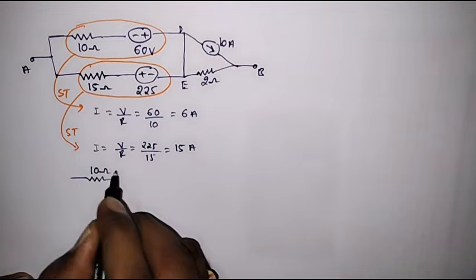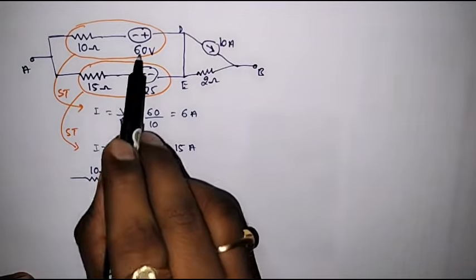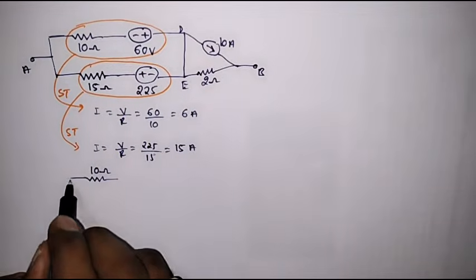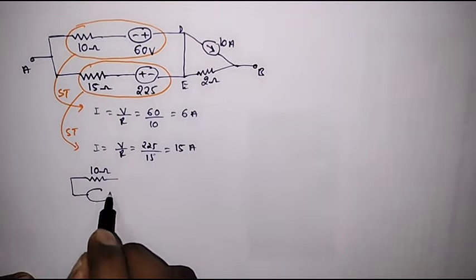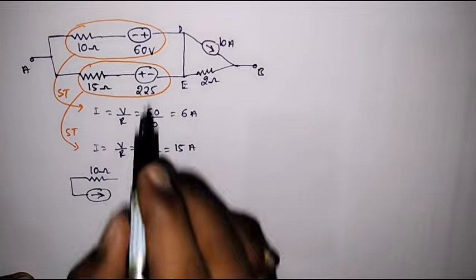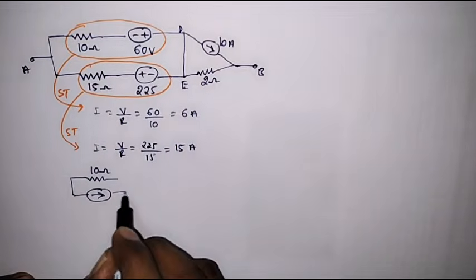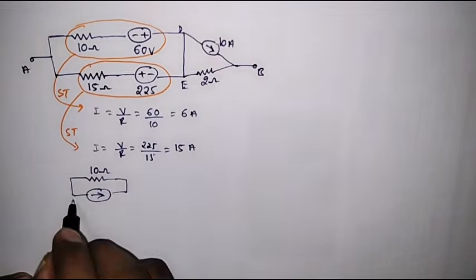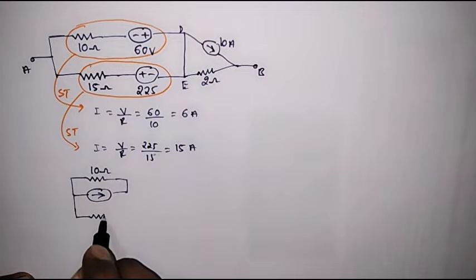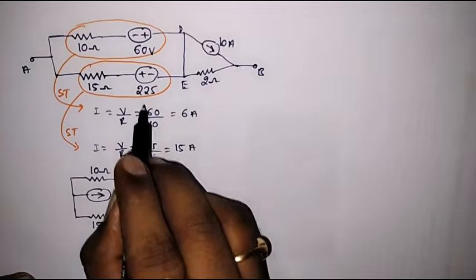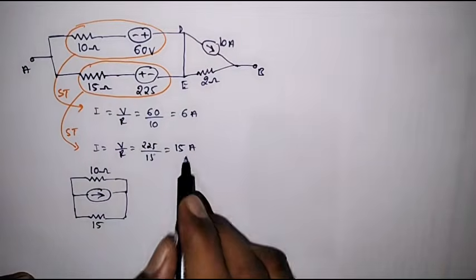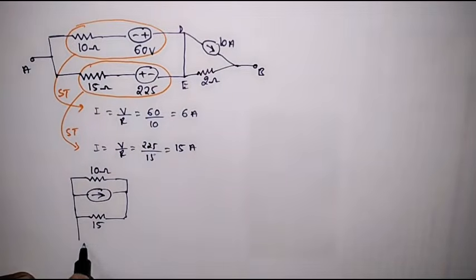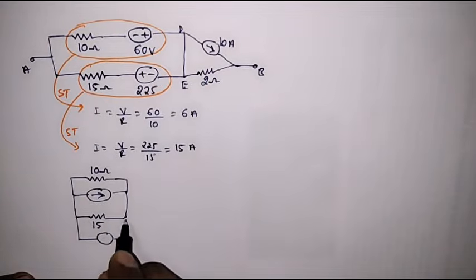I'll redraw the circuit here. This is 10 ohm and the magnitude of current source is 6 amp. Direction is like this because this end is positive. Similarly, 15 ohm resistor and the voltage source is replaced by a current source of magnitude 15 amp.